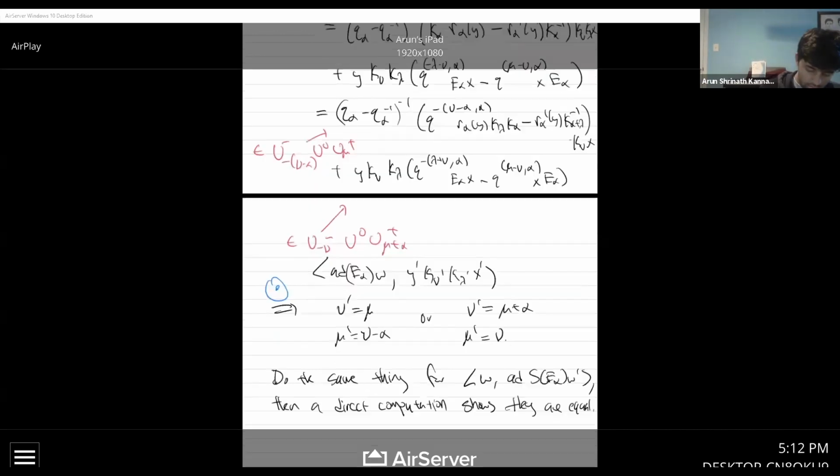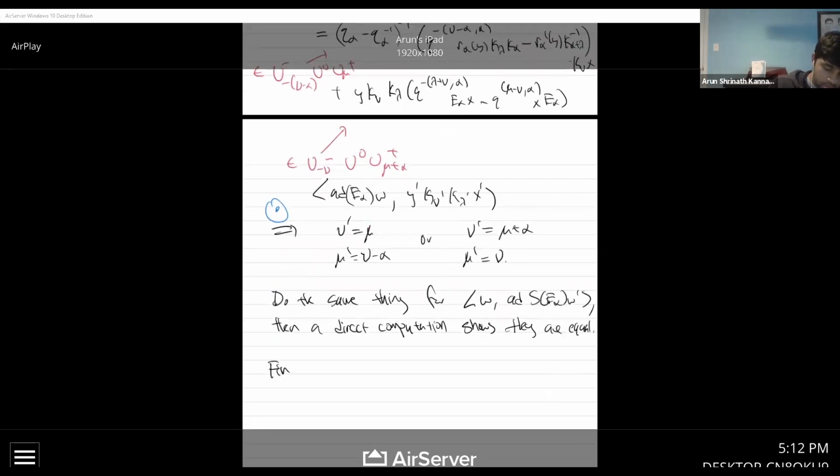And then finally, for F alpha, you can either do the same thing with a slight modification, it's kind of symmetric here, or you can use the involution in the following exercise.